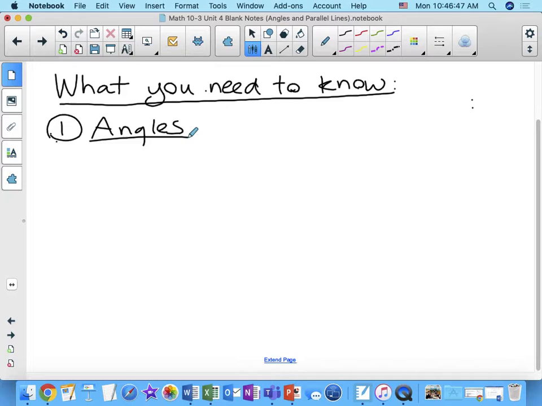Acute, yes. So there's acute, which is 0 to 90 degrees. So you can kind of picture it, it's like this. What was the next one after acute?